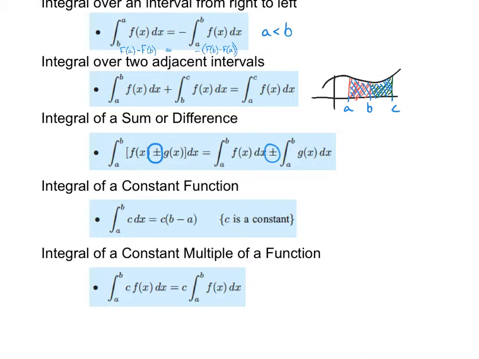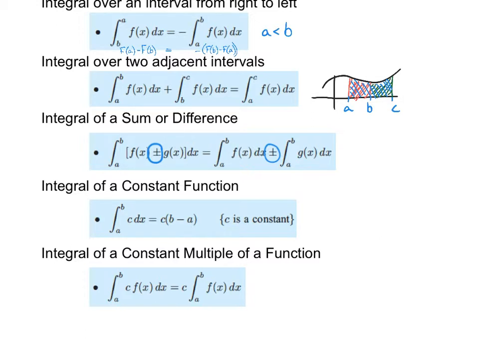So if I had something like the function x squared plus sine of x, I could take the integral of just the x squared and the integral of just the sine of x and then add those two things together at the end. We did this already with our indefinite integrals. There's no difference.